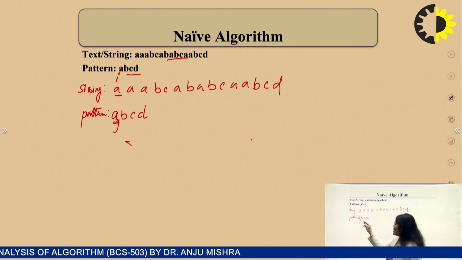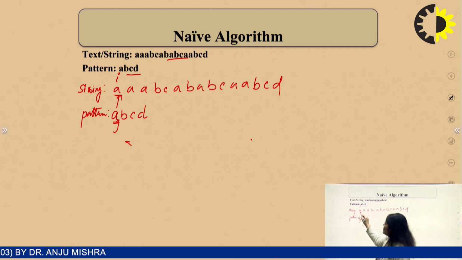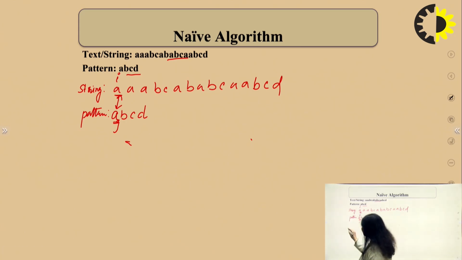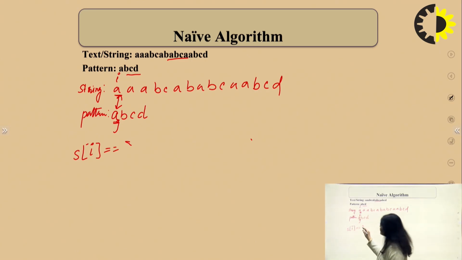Now, we are going to compare I and J together. So now I need to compare the character. So for example, if the string is stored in some array denoted as S, I'm going to check whether S[i] equals P[j], right?